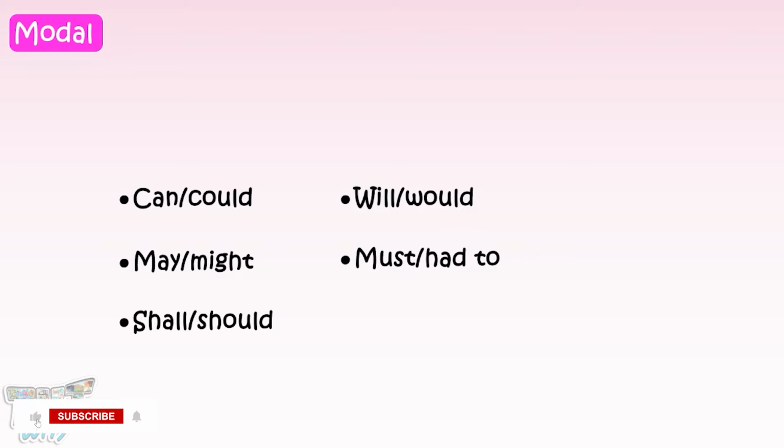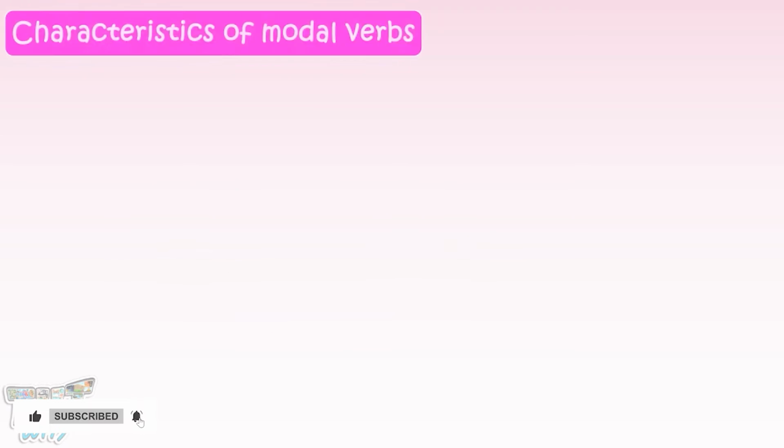These are the modals used to express modality in the English language: can, could, may, might, shall, should, will, would, must, had to. Now let's learn some of the characteristics of modal verbs.